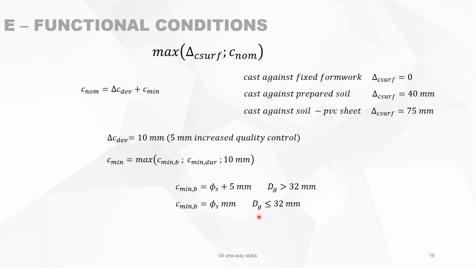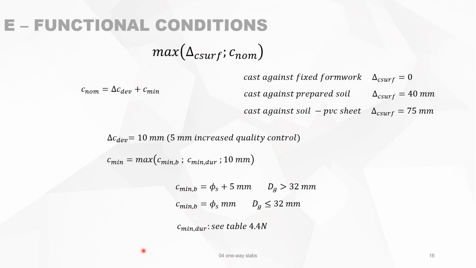When the grain size is smaller than 32 millimeters, which is most of the time the case for buildings and offices, then C-min b is equal to the maximum rebar diameter. So you can already conclude that the minimum concrete cover is always bigger than the maximum size of bar that you are using for the reinforcement.